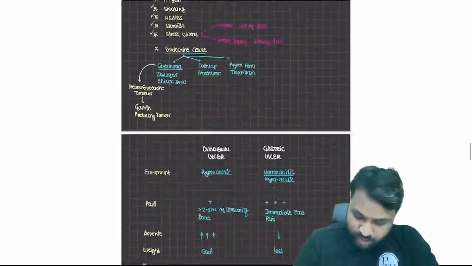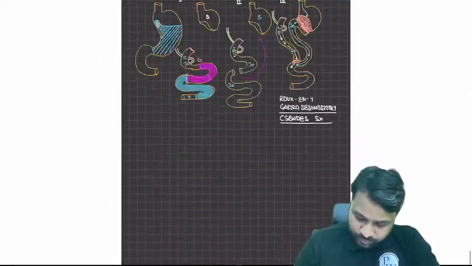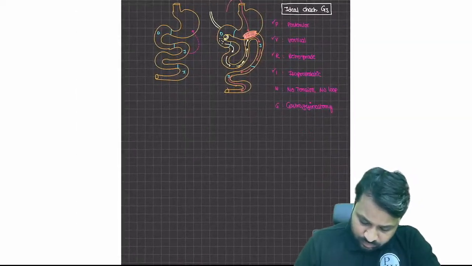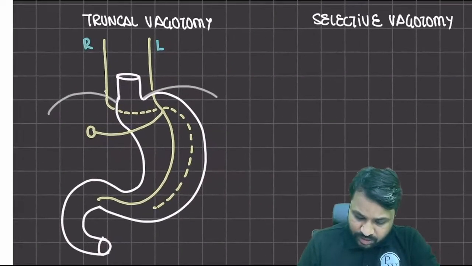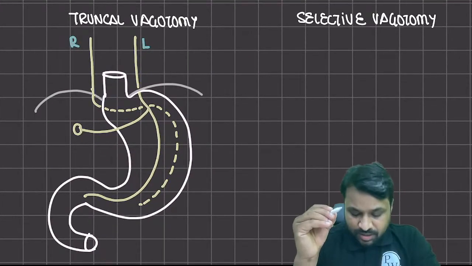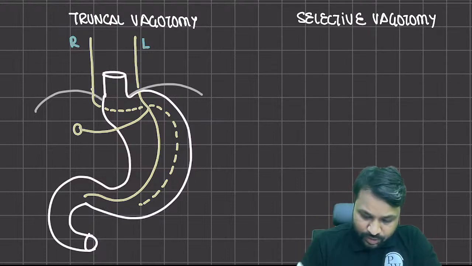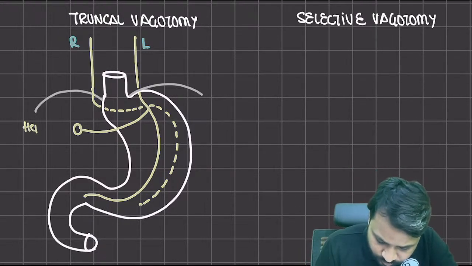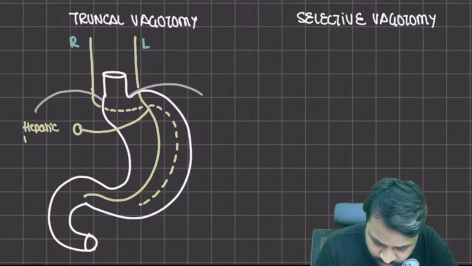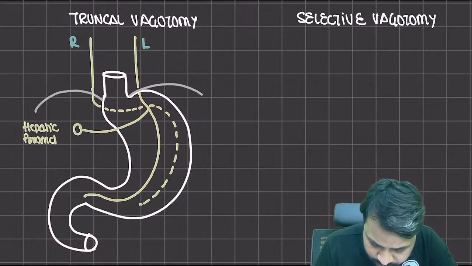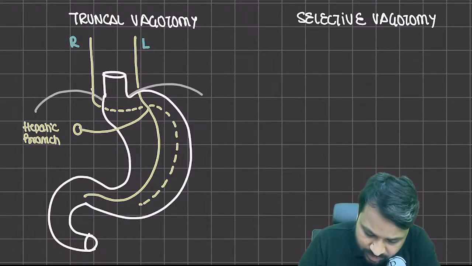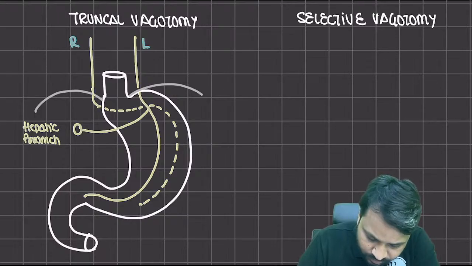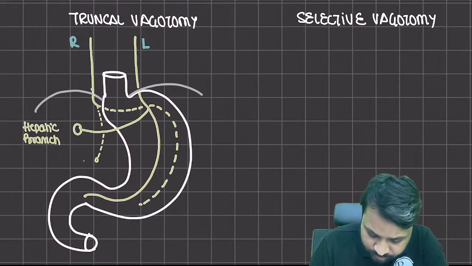The same thing I'm going to depict here also. So here you can see from the left vagus, it is going to be the hepatic branch, which is going to supply the gallbladder. From the right vagus, you have the celiac branch.